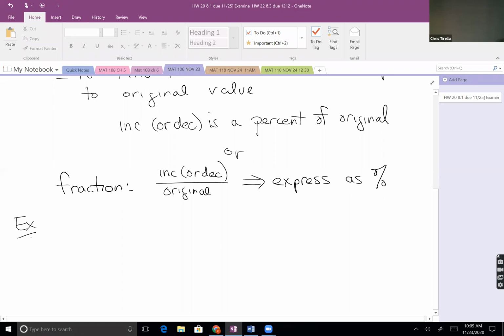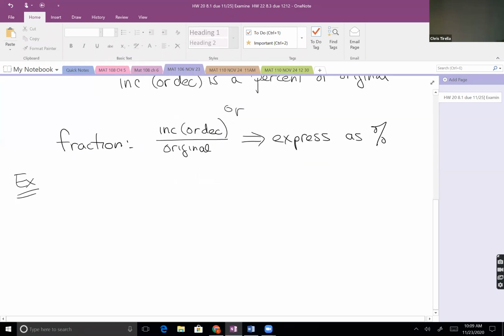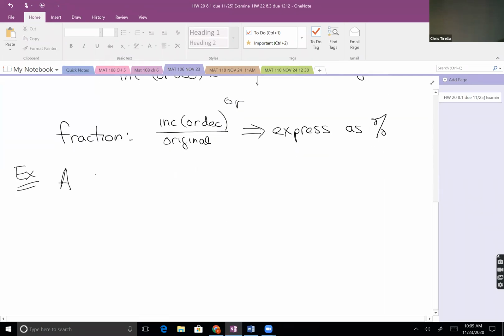You ready? Okay. Let's say a $48 item is on sale for $40. What's the percent decrease?